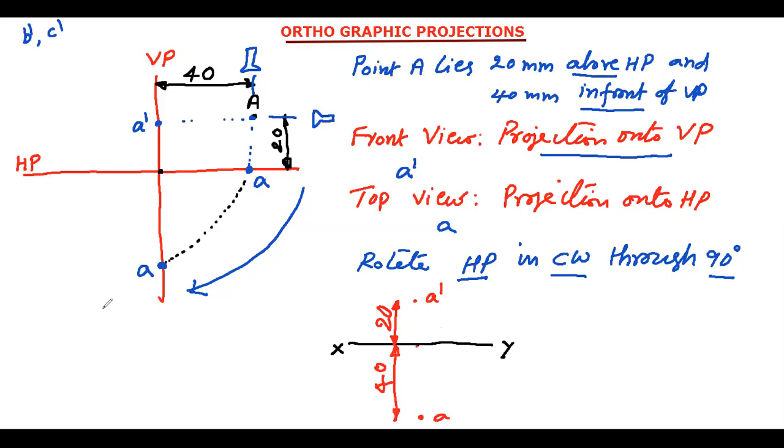So what does that mean, dosto? The only thing which I am doing is just redrawing this part. I have drawn the reference line. I have drawn the front view at 20 mm. I have drawn the top view at 40 mm. So the one which I have drawn here is called orthographic projection.